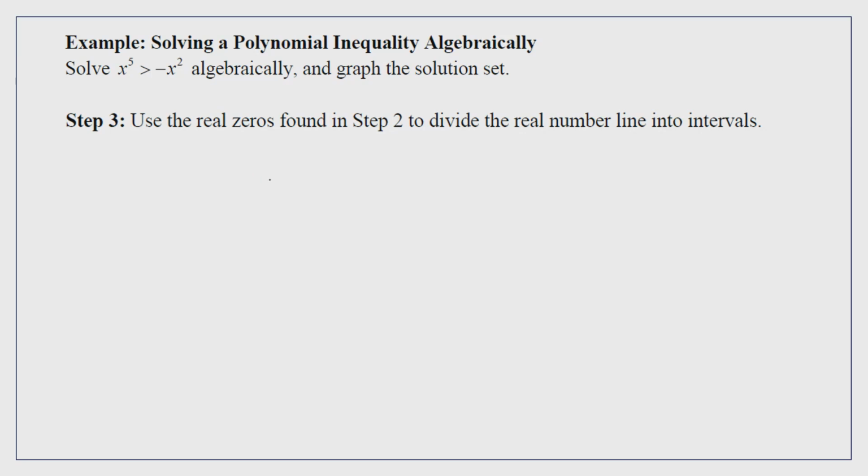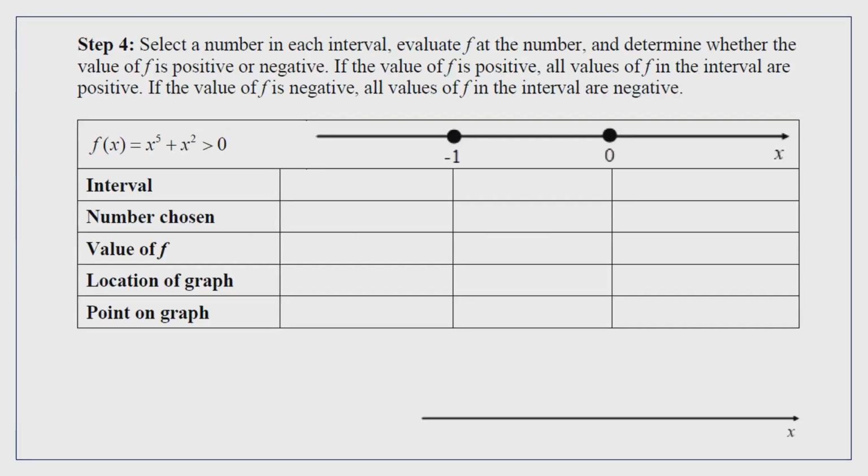Our real zeros are negative 1 and 0. So our intervals are going to be from negative infinity to negative 1, from negative 1 to 0, and from 0 to infinity, which then leads us into step number 4.